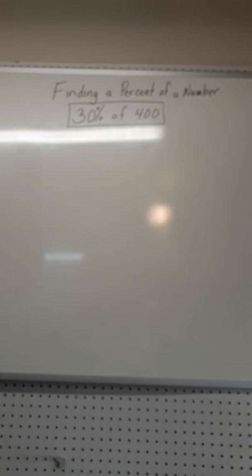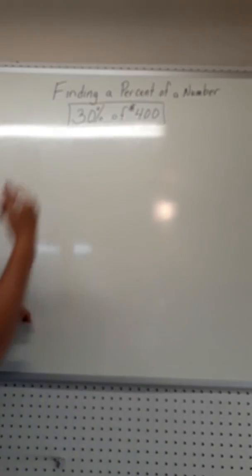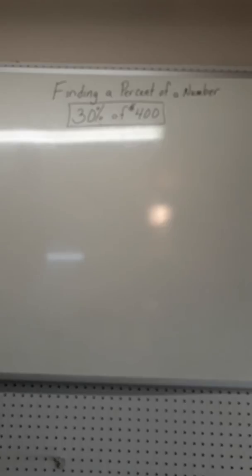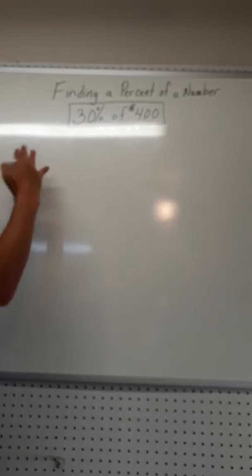So here we go. Let's just say it's 30% of $400, and you're going to buy a brand new TV and it's 30% off, and you want to know what price you're going to have to pay versus how much you're really saving out of this 400. I'm going to show you how to set this up as two separate forms.